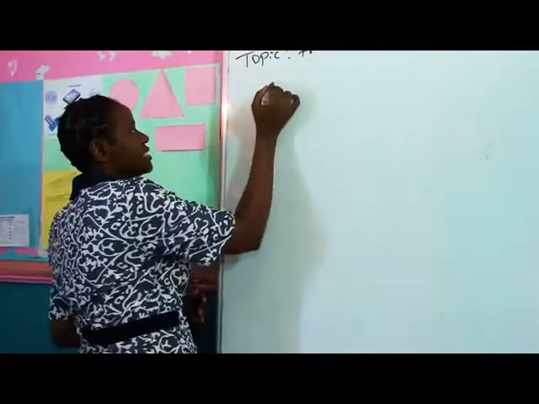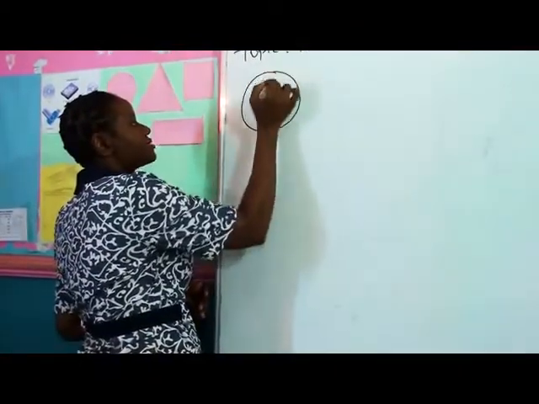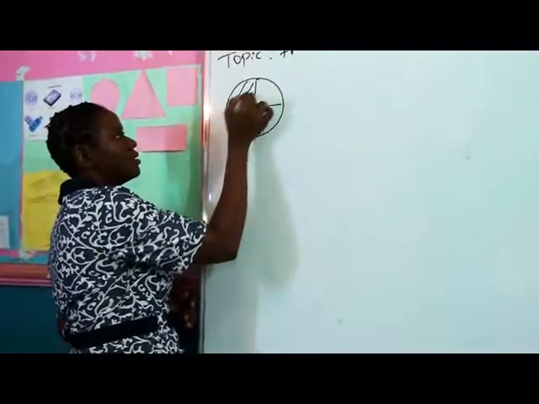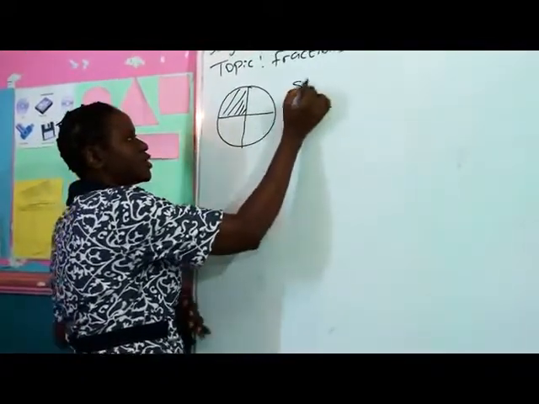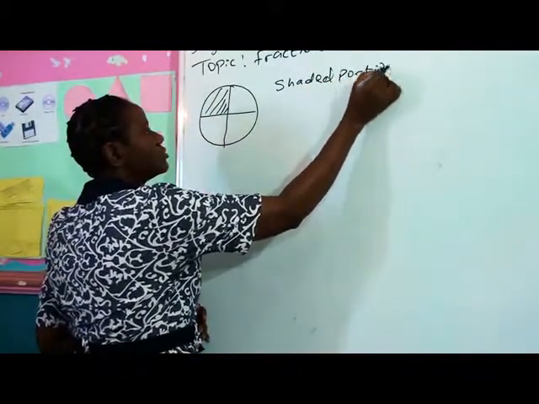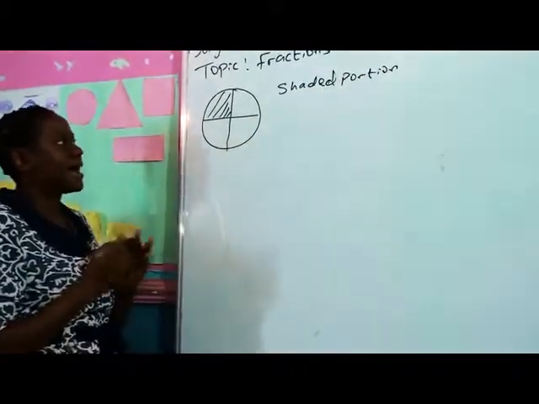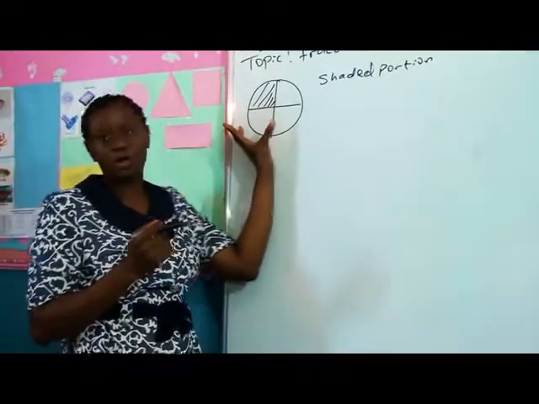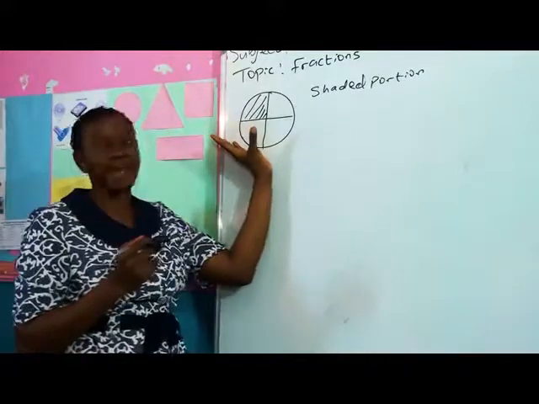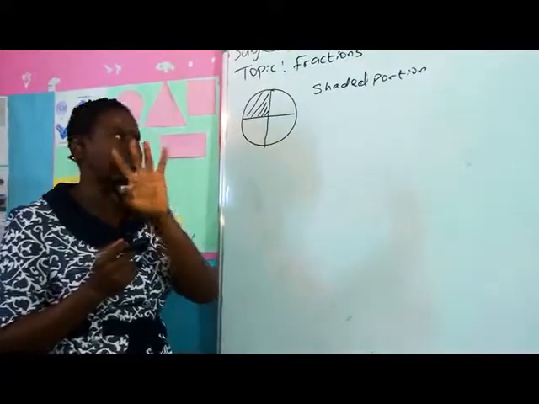Now, for instance, I have this. The shaded portion: I had a whole object, a circle, which I divided into 4 parts.